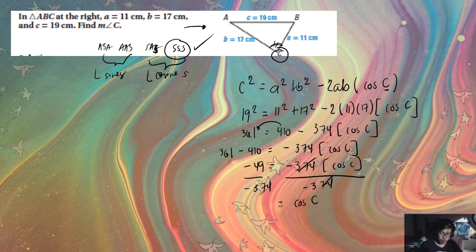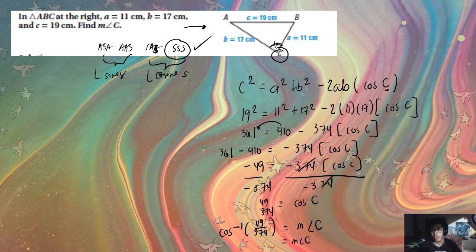So that's going to give us 49 over 374. If you're going to take the inverse, we're going to take the measurement of the inverse of angle C. Therefore, the measurement of angle C is equal to the arc cosine of 49 over 374.